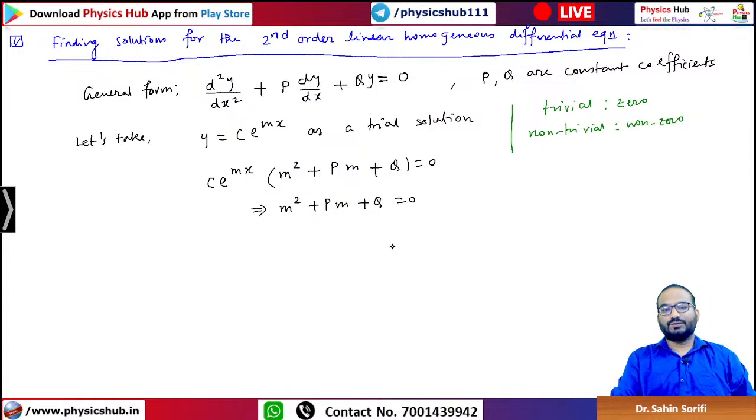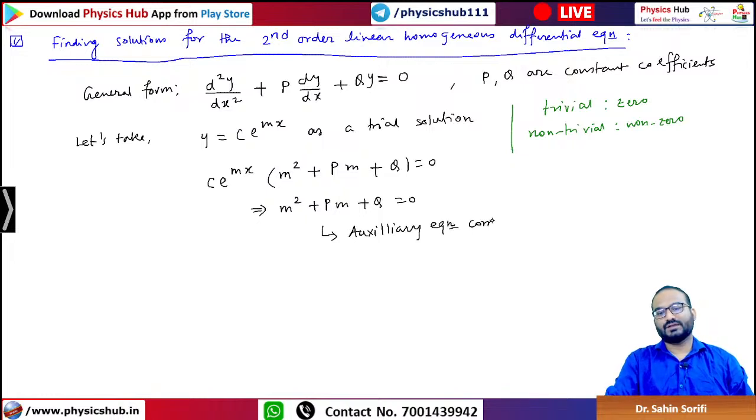This equation which you get is known as the auxiliary equation corresponding to the differential equation.